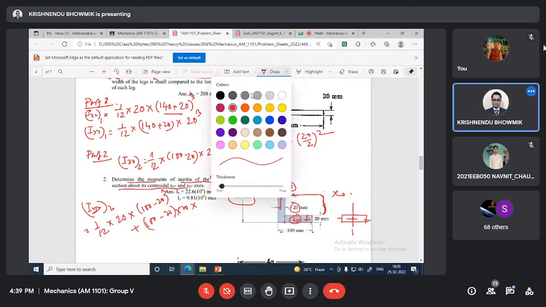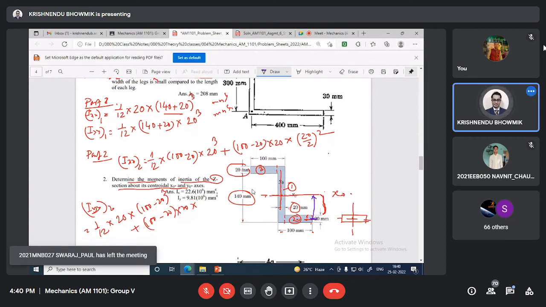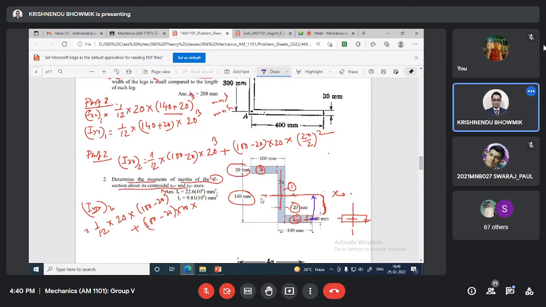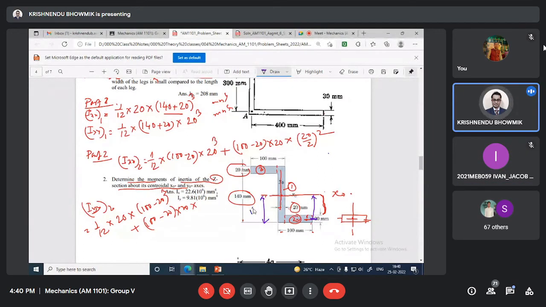So our total distance is supposed to be this distance. Let me check. We know that the total was 160, so this is basically 160 by 2. 160 by 2 means 80.